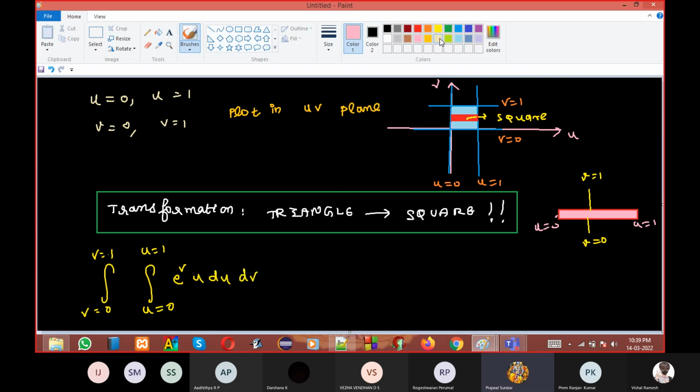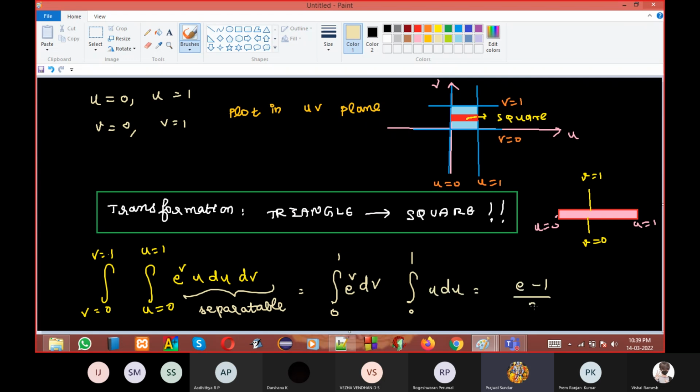This is separable: integral 0 to 1 of e power v dv into integral 0 to 1 of u du. This will be e minus 1 by 2.